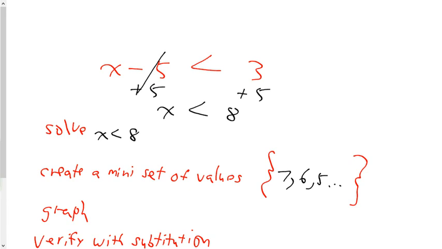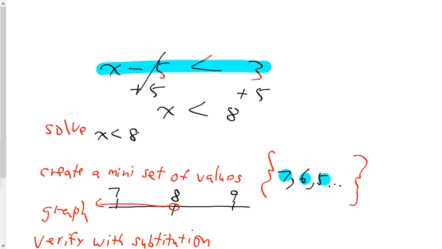If I graph that, 8's in the middle, 9's over here, 7's over here. It does not include 8, so I use an open boundary, and all values less than 8 are the graphed solution. And if I verify with substitution, I take any number from my mini set, and if I substitute it into the original inequality, it should be true.